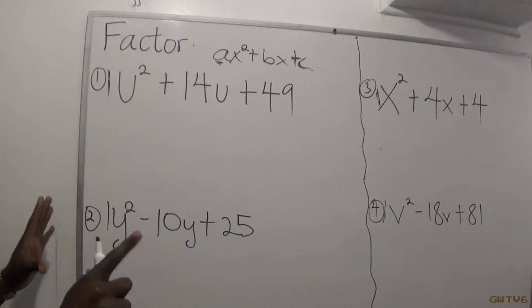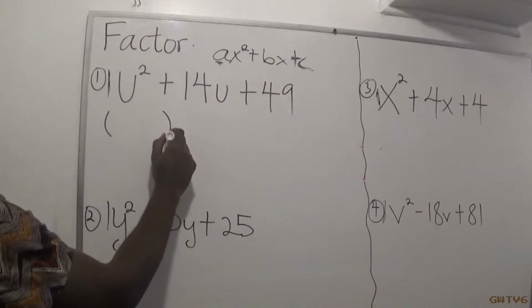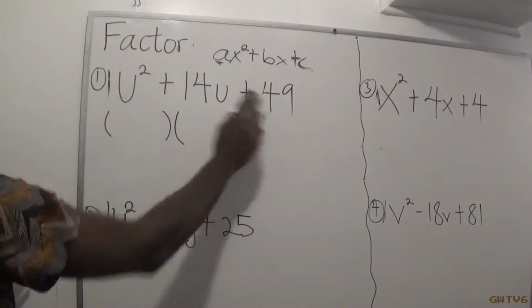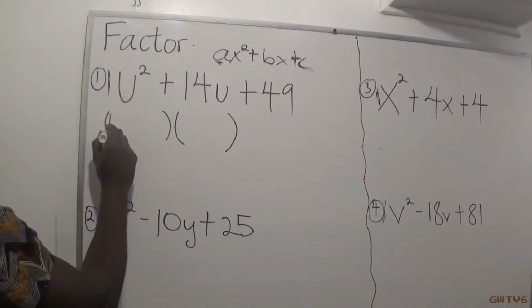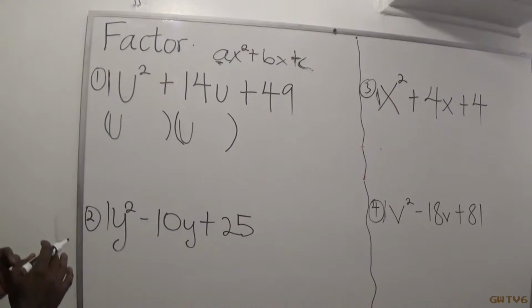Because now all you do is this: you put your parentheses. Let's do the first one right here so you know what I'm talking about. You do your parentheses like that, and the variable you're dealing with here is a u, so you put that variable right here. And now what goes here?